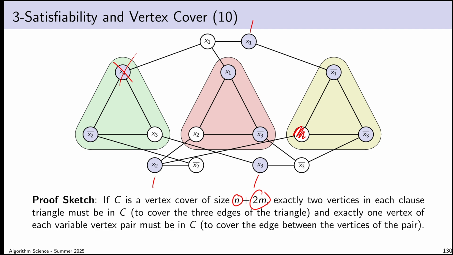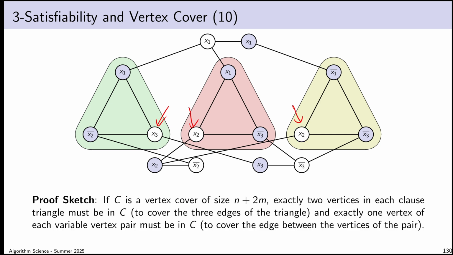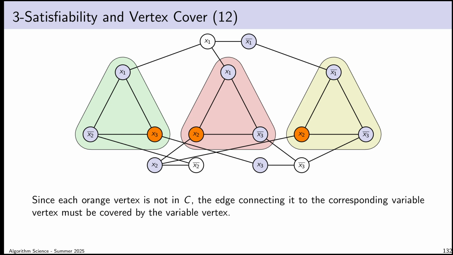So there must be exactly 2 vertices from each clause triangle in C. What that means, therefore, is that there must be exactly 1 vertex from each triangle that isn't in my cover. So let's highlight those. I'll call these the orange vertices. These are the vertices in the clause triangles that are not in the vertex cover, and there must be exactly 1 of these per clause.